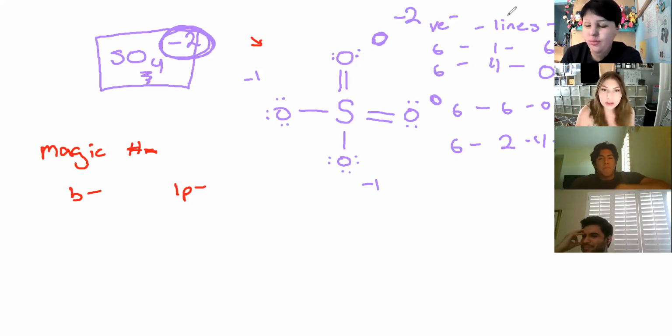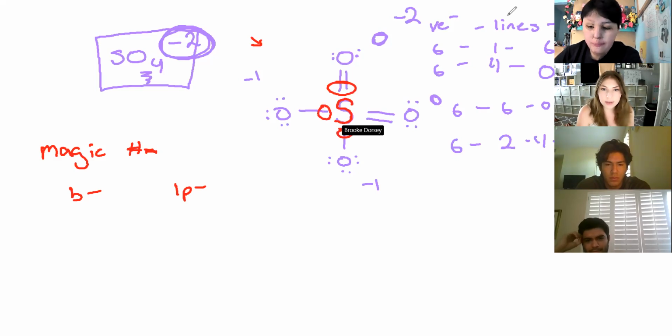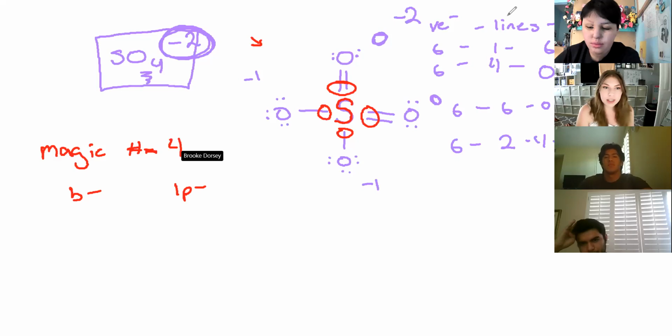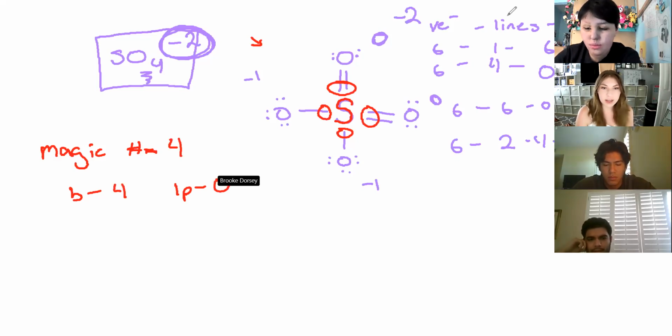So we're looking at this sulfur. How many regions can I find electrons? How many bonded regions do we have? 4. Good. We have 1, 2, 3, 4. So our magic number is 4. How many of those 4 are bonded and how many are lone pairs? All 4 are bonded. Beautiful. All 4 of these are bonded and we have no lone pairs.